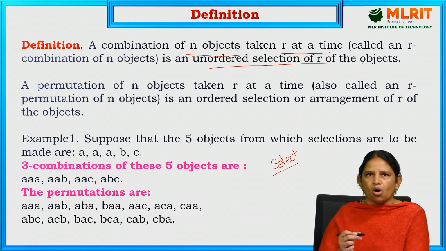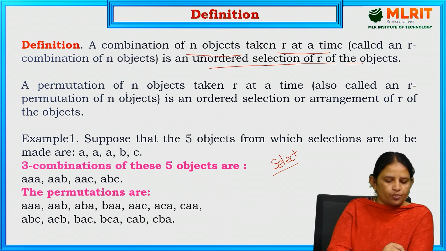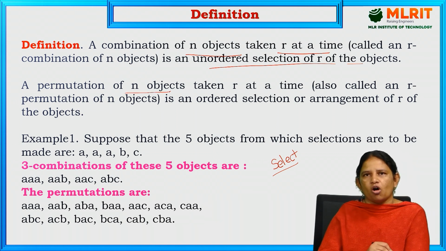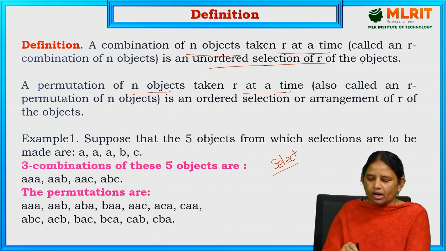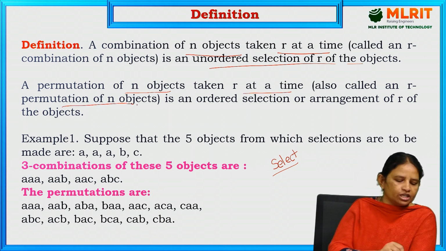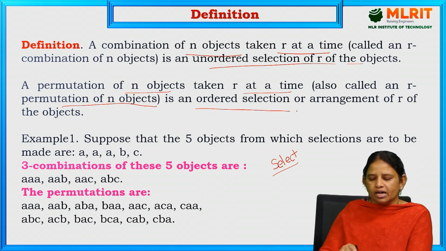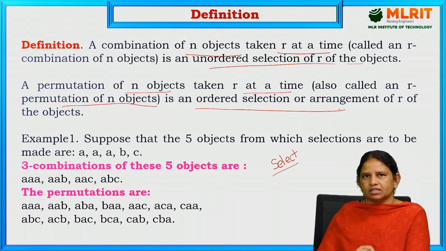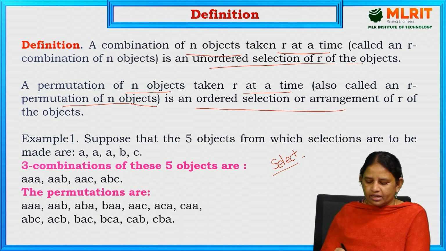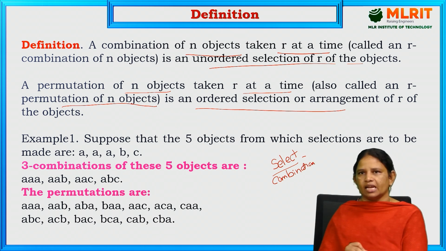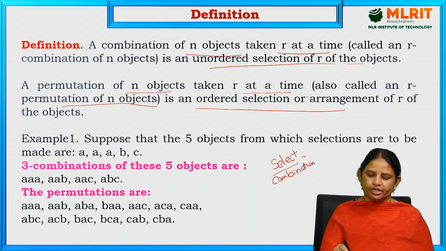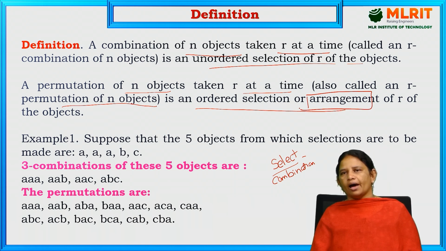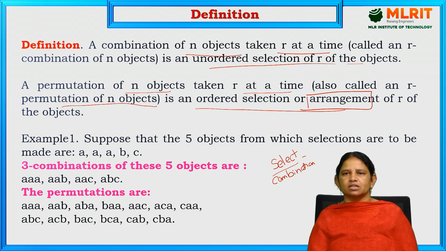But in the case of permutation, a permutation of n objects taken r at a time, or r-permutation of the objects, is an ordered selection, or an arrangement. So, for combination, the keyword is select, but in the case of permutation, we use the word arrangement.